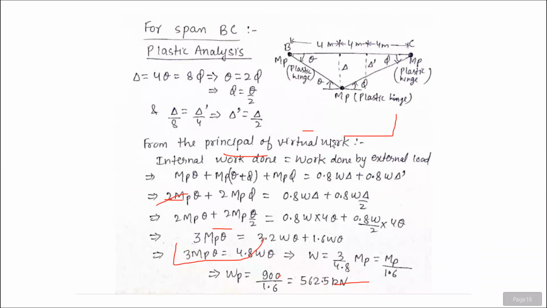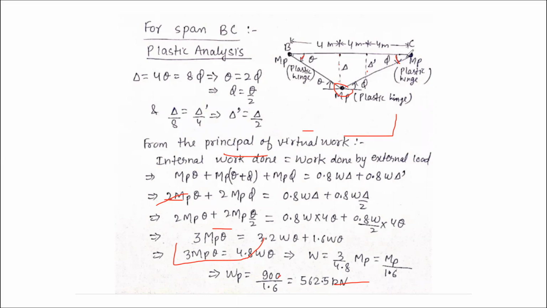So, next for span BC naman. Span BC. So, ito yung point of plastic hinge natin. Then, ito yung point B and point C. So, meron tayong imaginary line dyan and delta. Then, itong point na to is plastic hinge, MP. Then, theta.